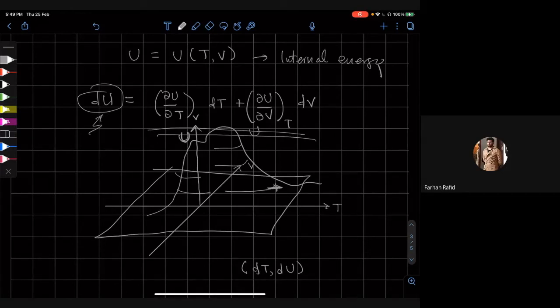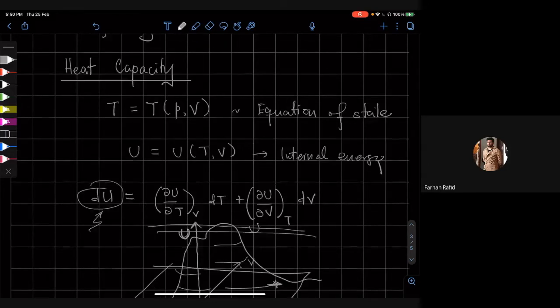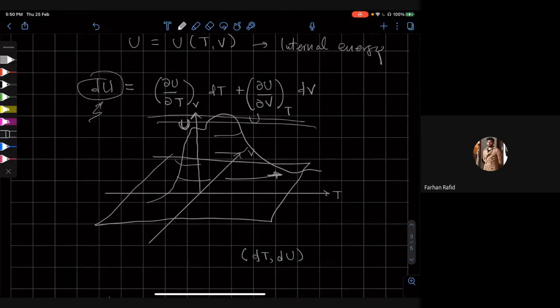What Nahi is asking is why am I using dU/dT, and why am I not using the second term? So what Nahi is saying is that we are changing volume, so what happens to this term, right?